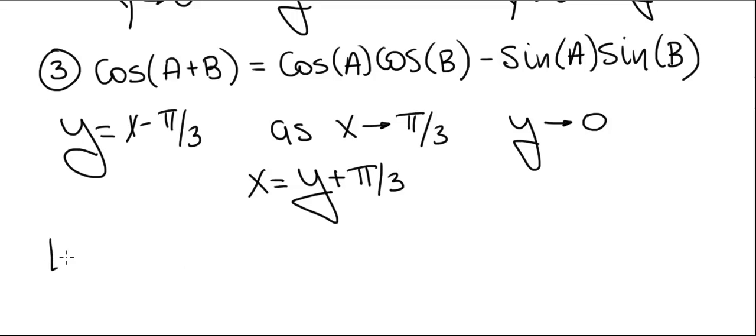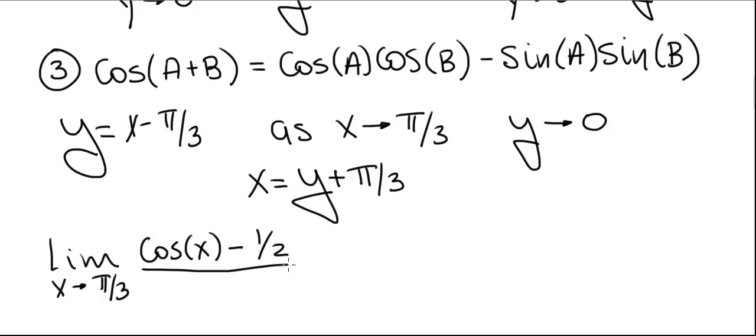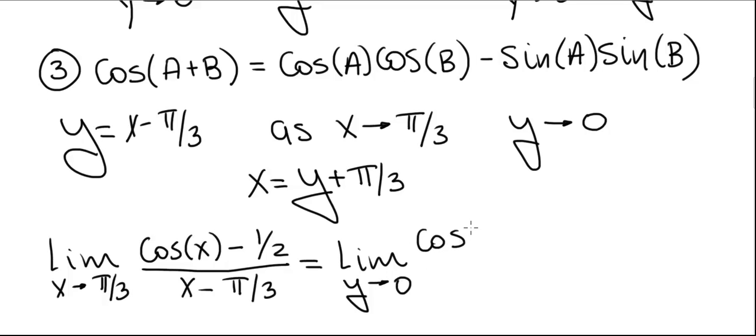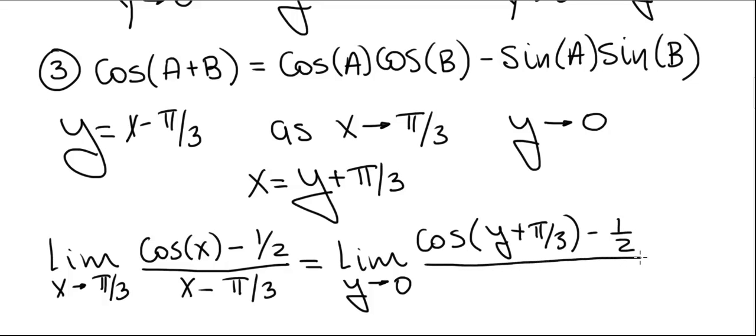So our limit, the limit as x approaches pi over 3 of cosine of x minus 1/2 divided by x minus pi over 3, can be expressed using variable y as the limit as y approaches 0 of cosine of x, but x is y plus pi over 3, minus 1/2 divided by x minus pi over 3, which is y. So this limit will be easier to evaluate.